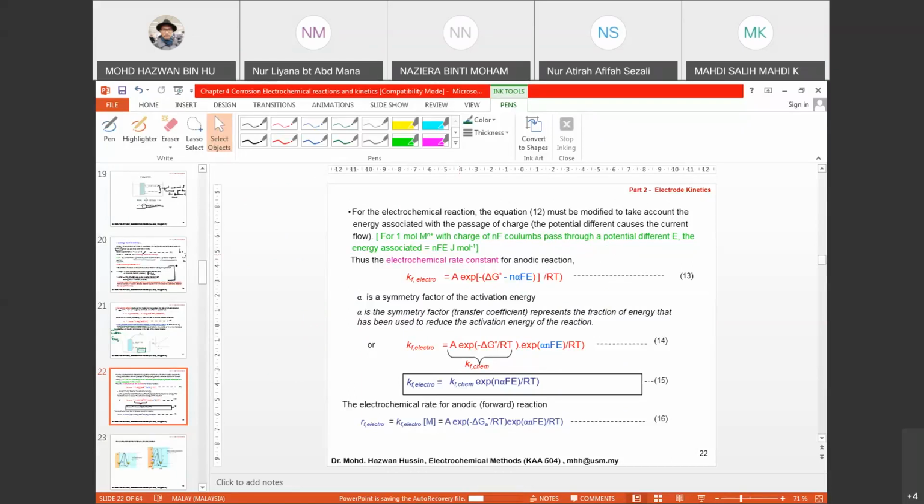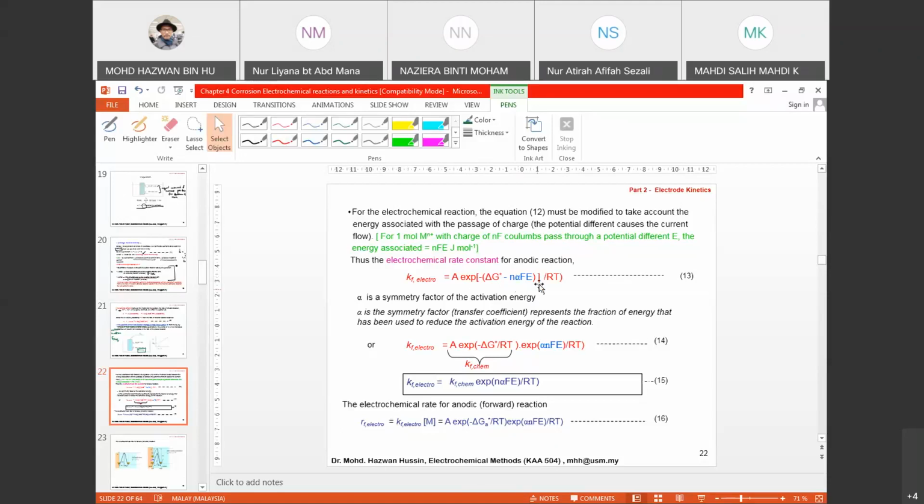Thus, the electrochemical rate constant for the anodic reaction, this is for anodic polarization or a forward reaction, is as follows: Kf is equal to A exponent minus delta G minus n alpha FE.